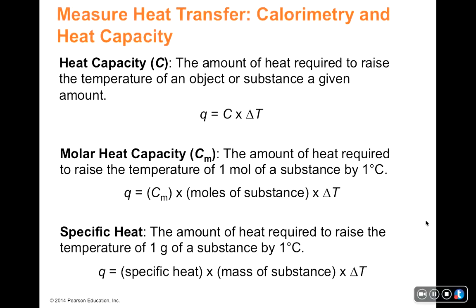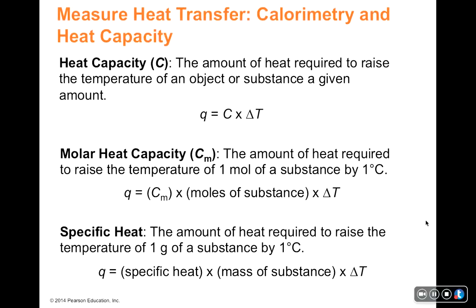So if, for example, they're giving you a specific heat value, then most likely you're going to be using the formula on the bottom to solve that problem. So you need to pay attention to the wording of the problem and what types of values you're given. So for molar heat capacity, the heat is equal to the molar heat capacity times moles of the substance times the change in temperature. Again, that comes from the definition of what we mean by molar heat capacity.